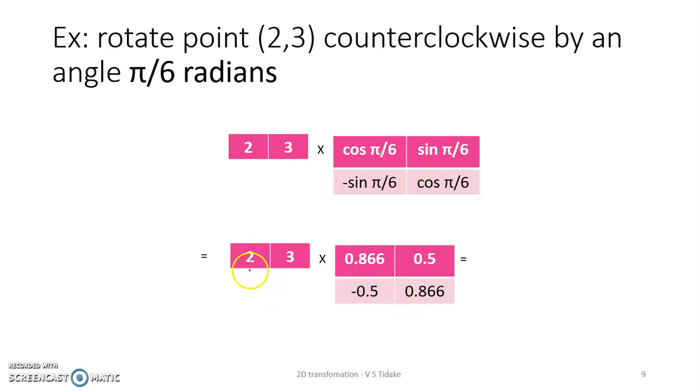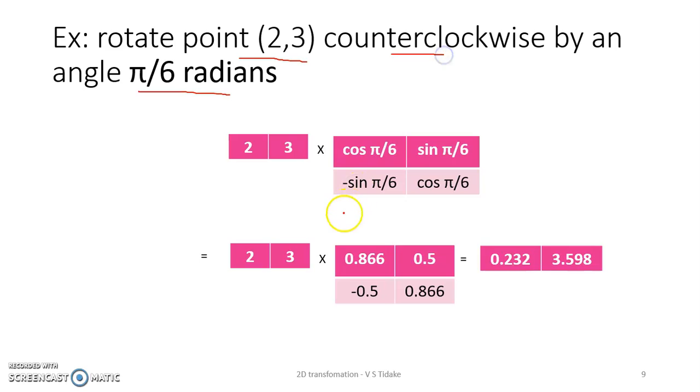And when we multiply this point with this rotation matrix, we will get the point 0.232 and 3.598. That is, when we rotate the point 2, 3 by the angle pi by 6 radians in counterclockwise direction, then the new point will be located at 0.232 and 3.598.